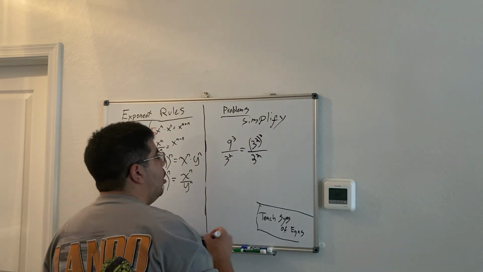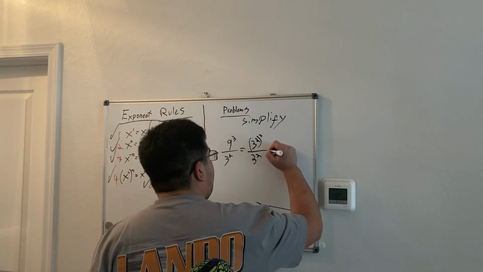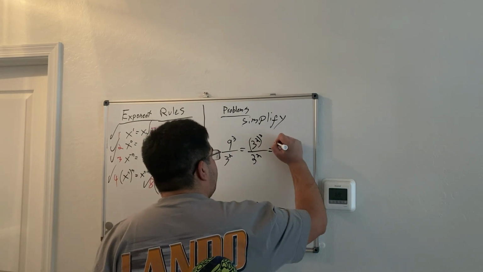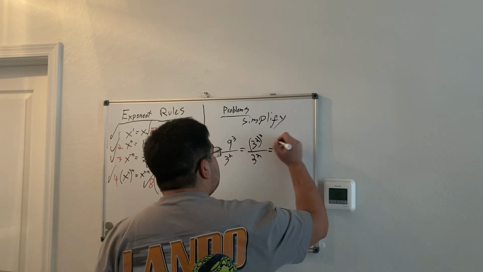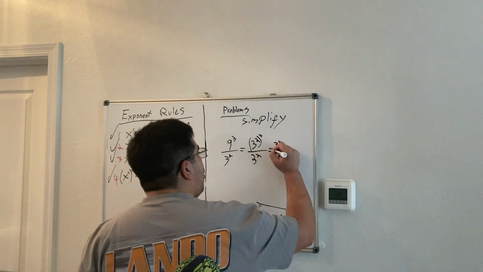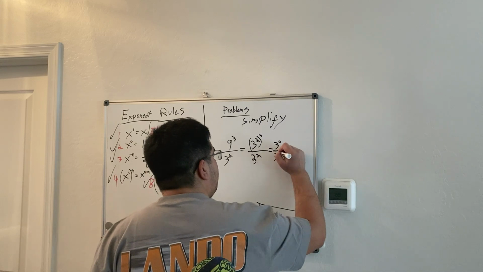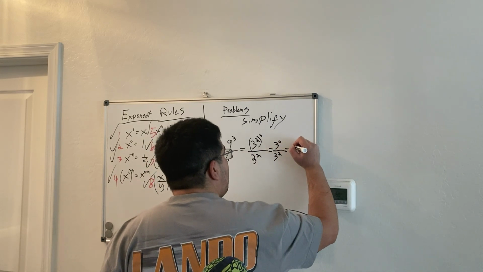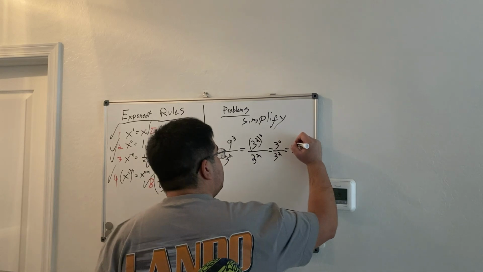Right? And then distribute the 3 to the 2. 3 times 2 is 6 over 3 squared, which equals 3 to 6 minus 4.